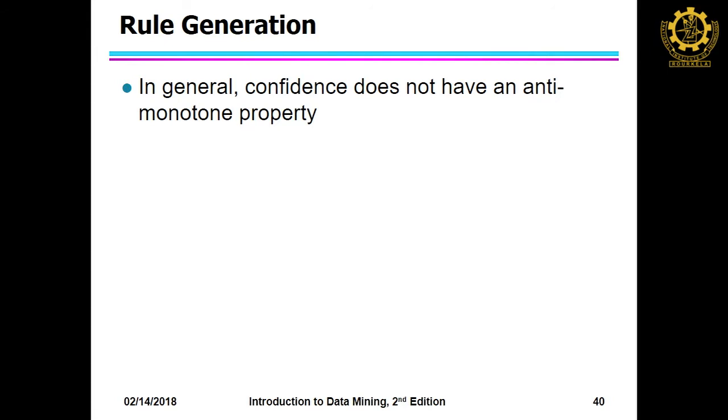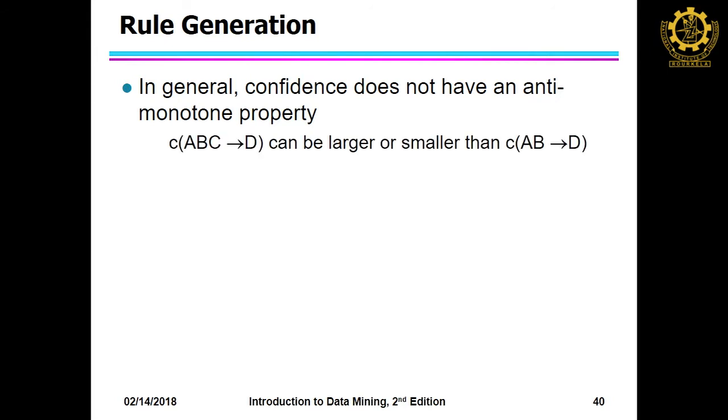But the problem is that here confidence does not have an anti-monotone property. That means, if the support of A, B, C is greater than D, the confidence, or not support, can be larger or smaller than this one, because this is a subset of that rule. So, let us say this is a superset of this one.